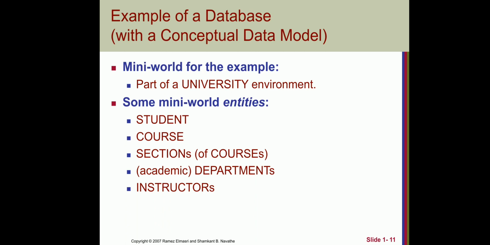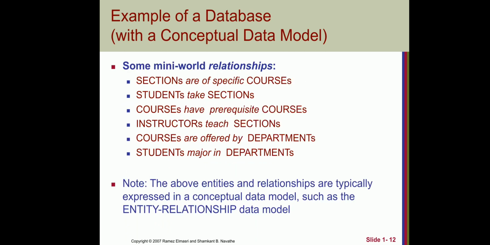It has entities like student, course, sections of the various courses, then academic departments, then instructors who belong to a particular department. For us, everything is an entity, whether it's a student, course, section, department, or instructor.